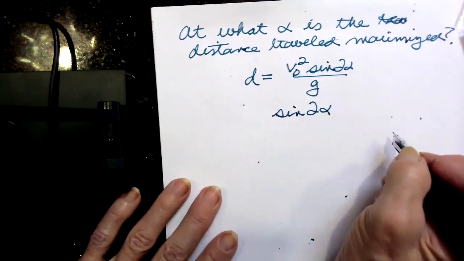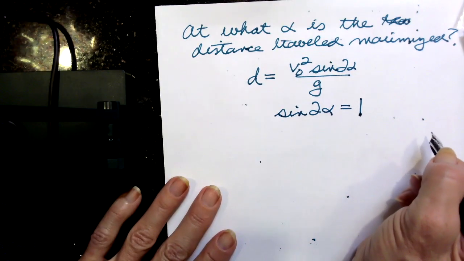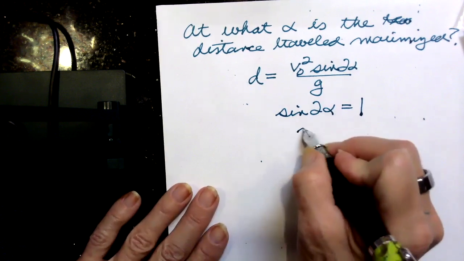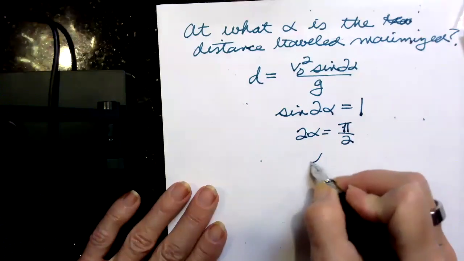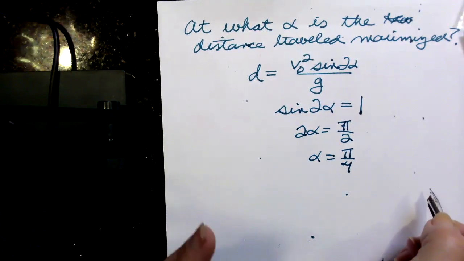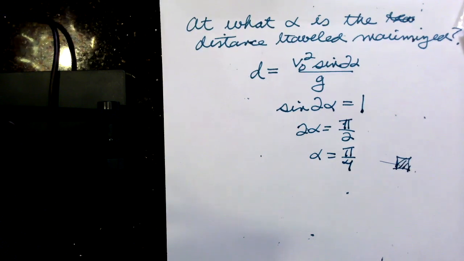What's the biggest value that sine 2 alpha can ever have? It's 1. What angle gives you a sine of 1? That's when the argument is equal to pi over 2. And so alpha is pi over 4. In other words, when you shoot the particle up at a 45-degree angle, the distance it's going to travel is maximized. So that's what this little problem shows you. Okay, so that's it for this little section.